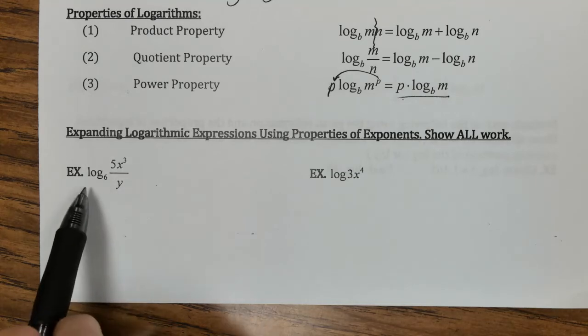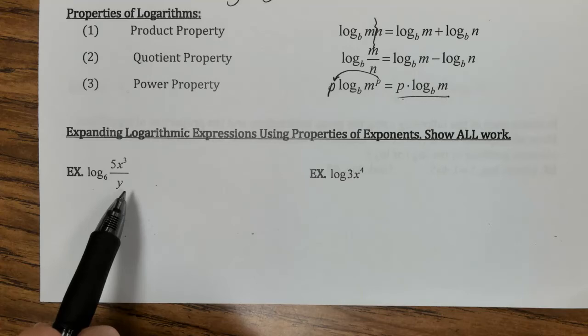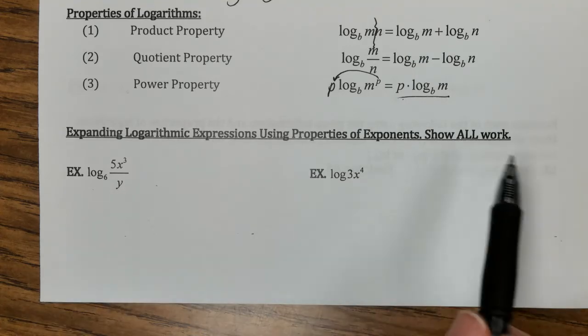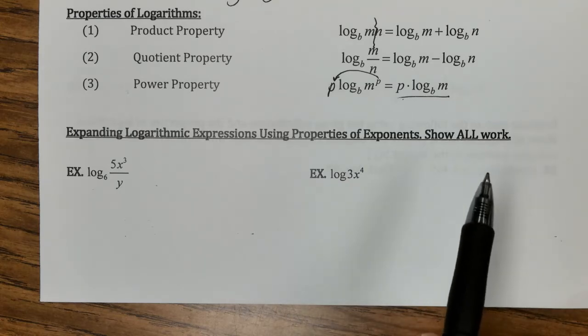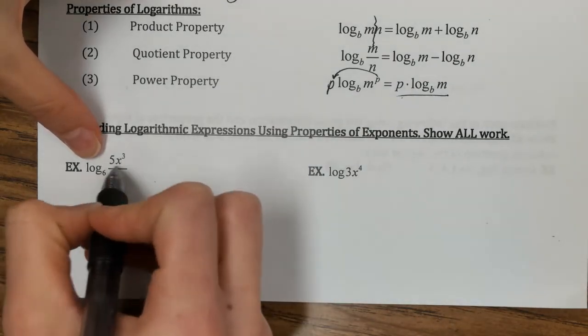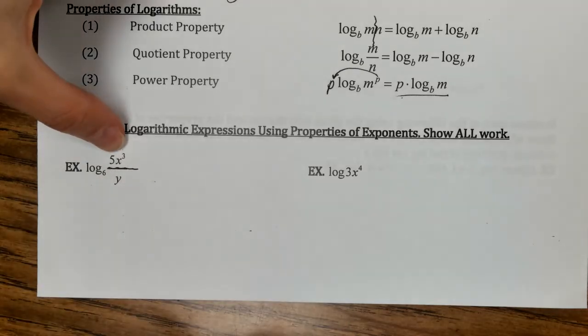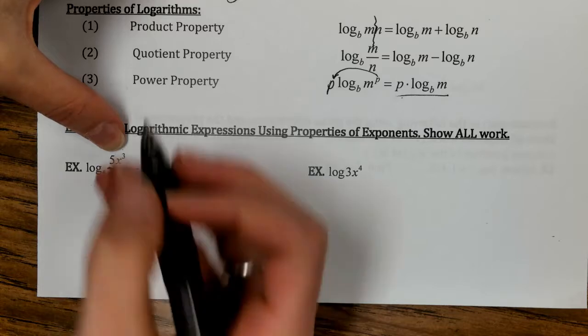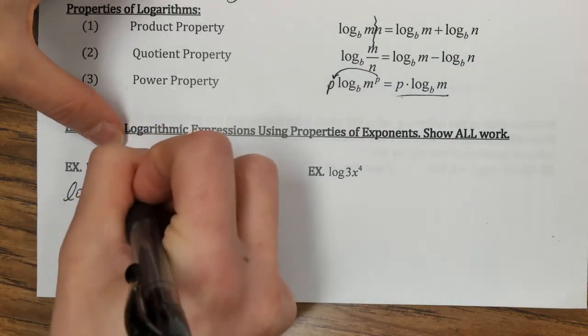So if I take log base 6 of 5x cubed over y, I need to expand that. Okay, this is not a time where you can skip your work either. Okay, because I have to see every little thing that you do to follow what you're doing. So if I have log base 6 of this, I'm going to take and separate this entire 5x cubed from my y. So I'm going to take log base 6 of 5x cubed.